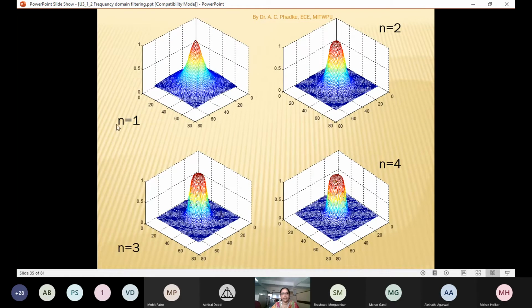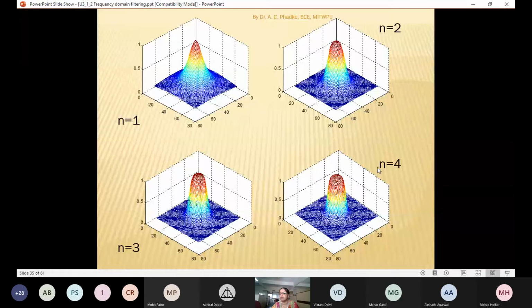Here you can observe, this is Butterworth filter in 3D for order 1, this is for order 2, this is order 3, and this is with order 4. So we can easily observe that for Butterworth filter, as we go on increasing the order, this transition from pass band to stop band becomes sharper and sharper.